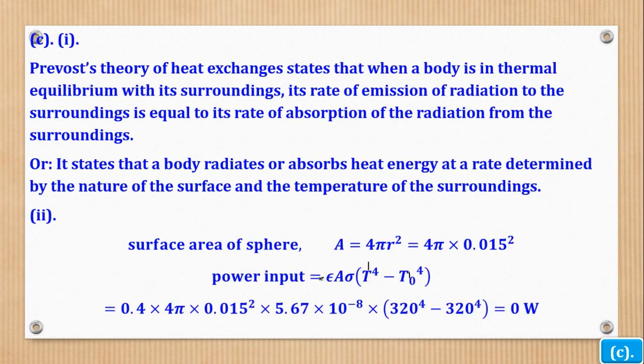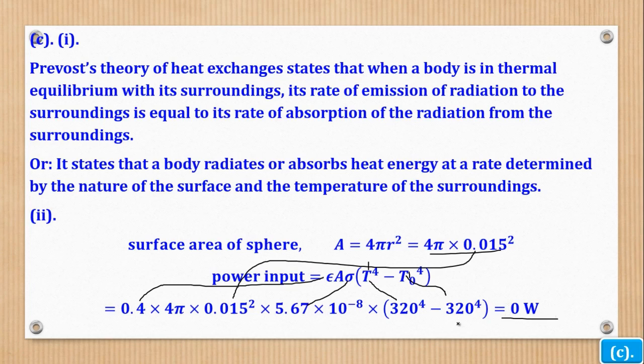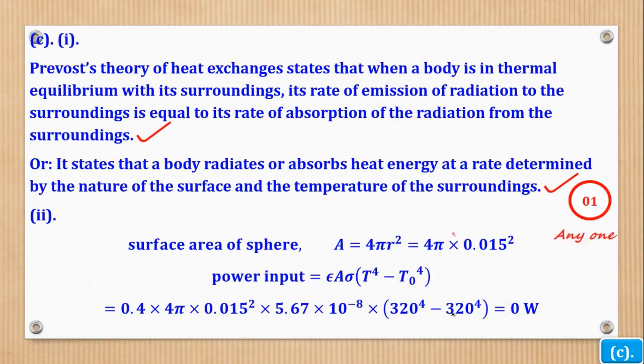The emissivity was given as 0.4, the area we have calculated, the constant is known, and both temperatures are known, so the power will be 0. And that is how the marks would be awarded.